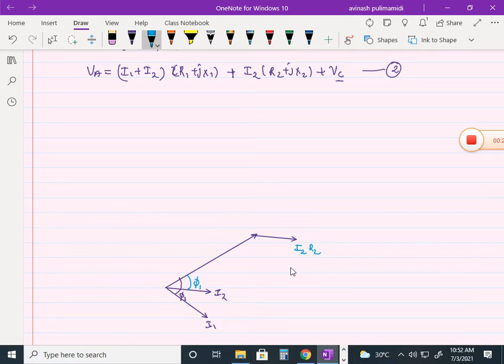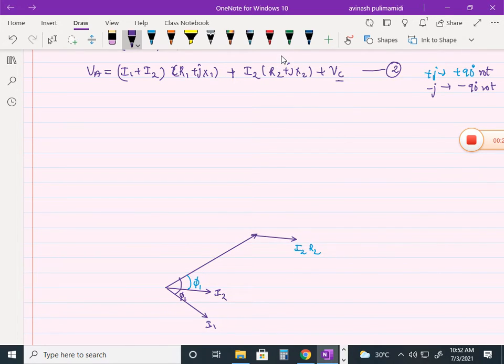Now here we have the J rotation. J rotation means plus J means plus 90 degree, minus J means minus 90. I will write here: plus J means plus 90 degree rotation, and minus J means minus 90 degree rotation.